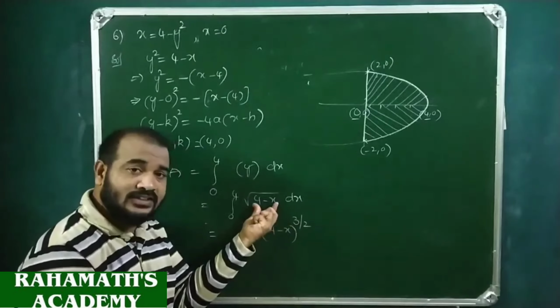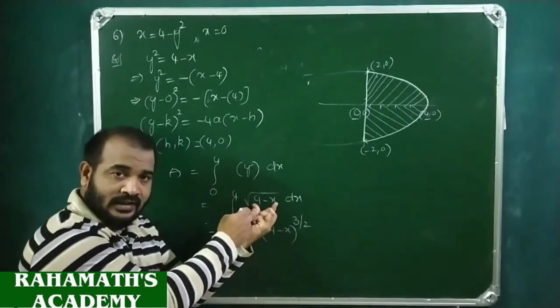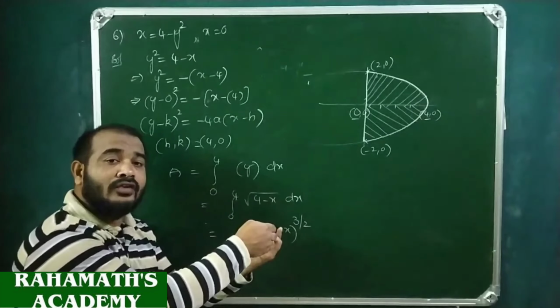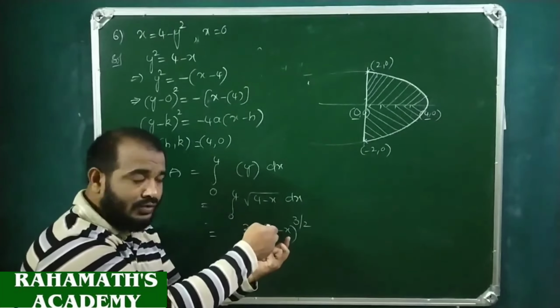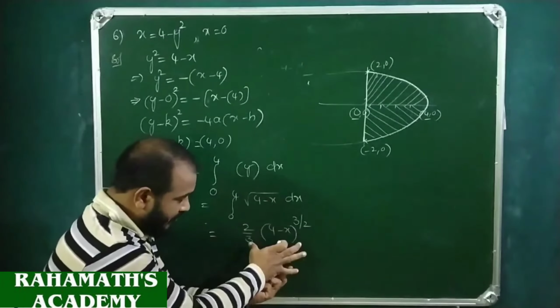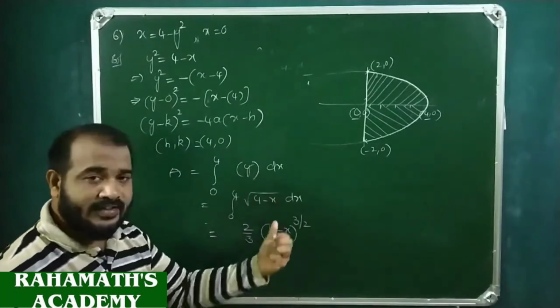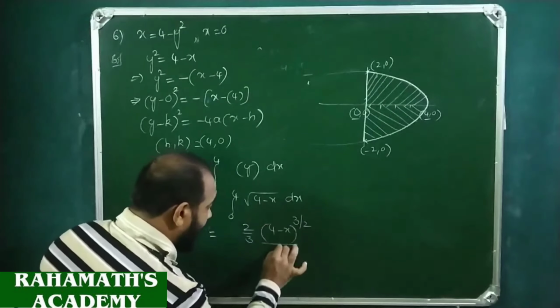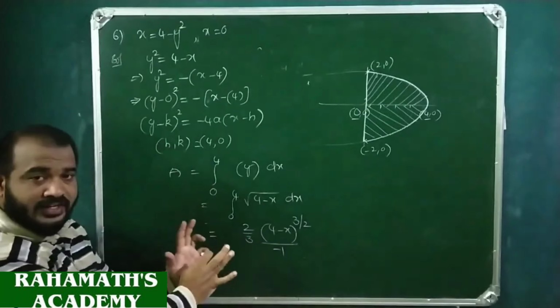But this is not x. Later we have to differentiate, dividing by this. So here d by dx of 4 minus x is minus 1. Now the process of integration is over.